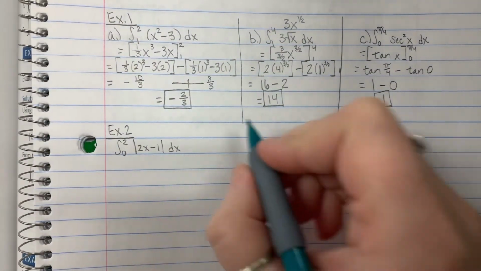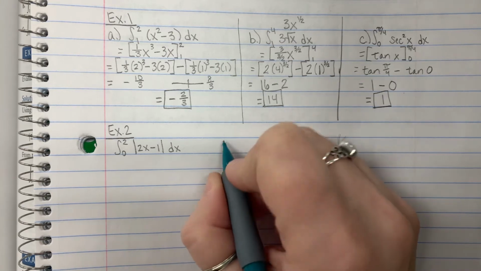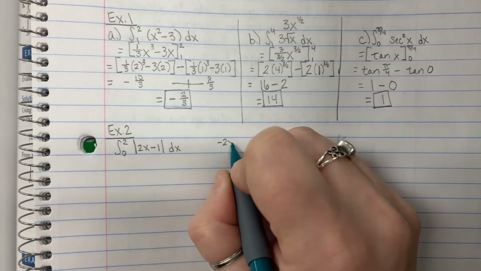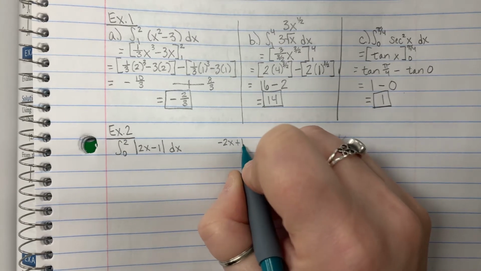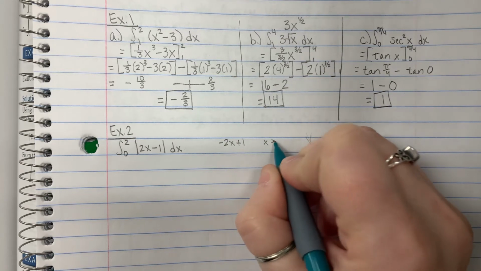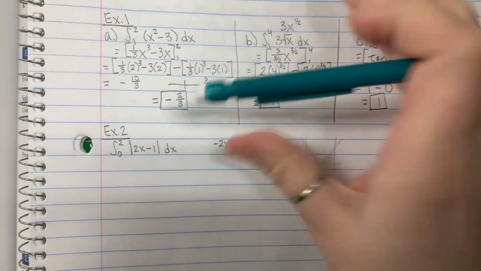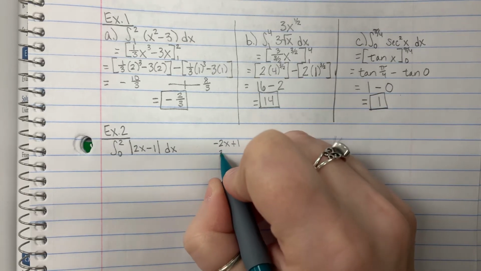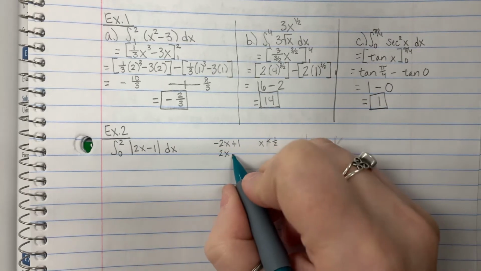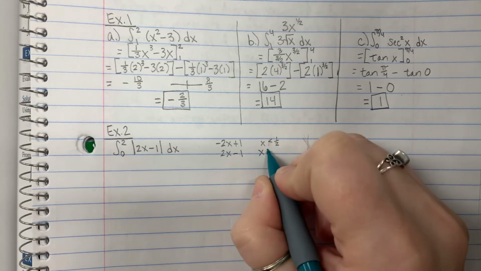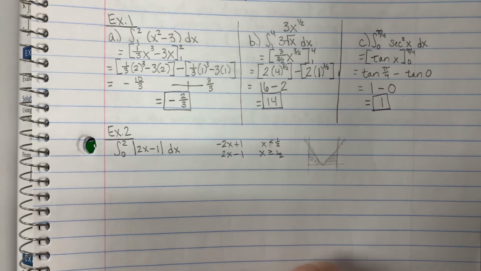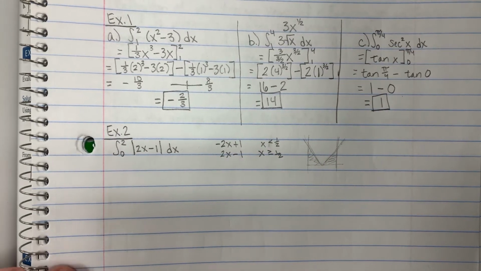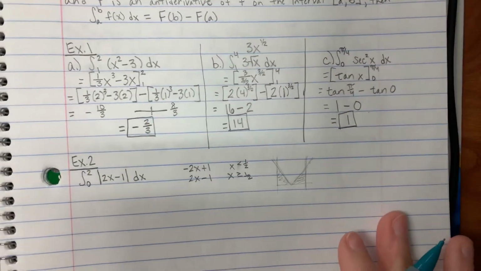So I'm going to separate this up. I've got an equation of -2x plus 1 when it is less than 1/2. And I have this equation that they gave me, 2x minus 1, when it is greater than or equal to 1/2. Okay, so I'm going to separate that up into these two integrals then.